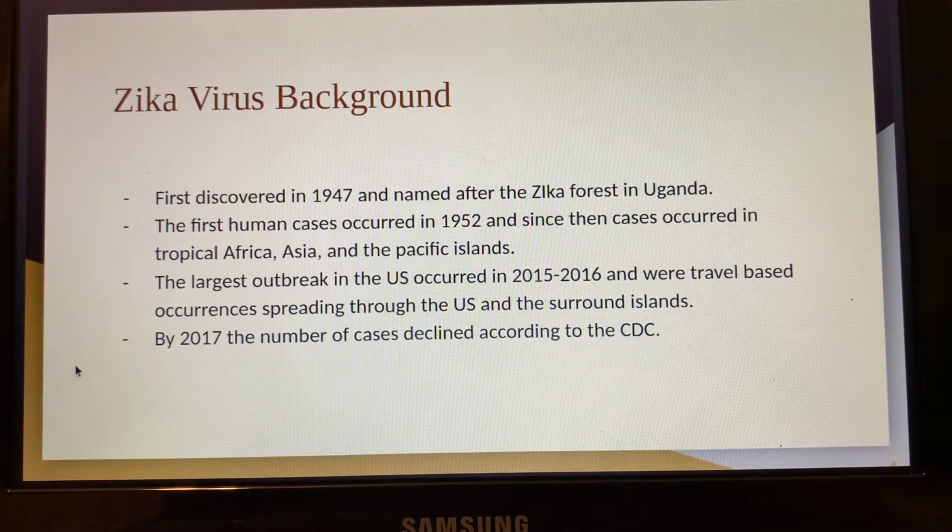But by 2017, the number of cases declined dramatically, according to the CDC. So it was around for about a year or two because of the traveling between the islands and the United States. But once 2017 hit, it drastically dropped down, and we'll see later on that in 2019 there were no cases reported in the United States at all.